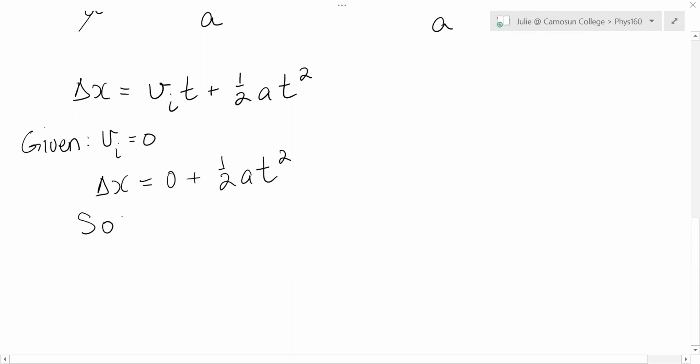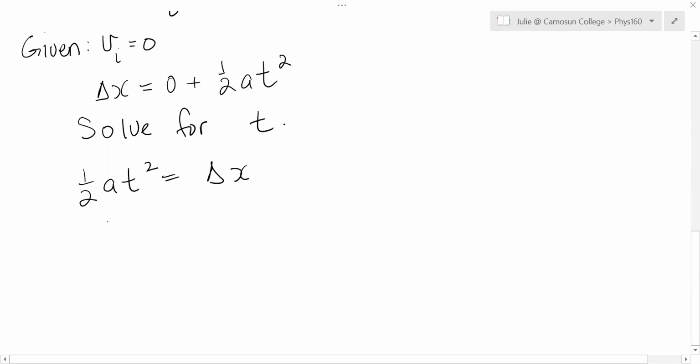So now if the question were solve for T, and you have one like this on your assignment, then you can write this like this. You go 1/2 AT squared equals delta x. I'll get the unknown on the left. I'm going to multiply both sides by 2 to get rid of that fraction.